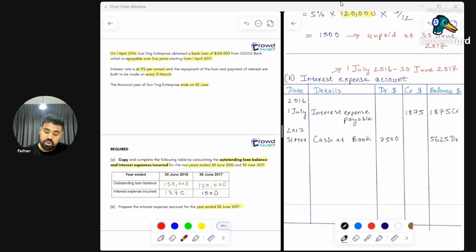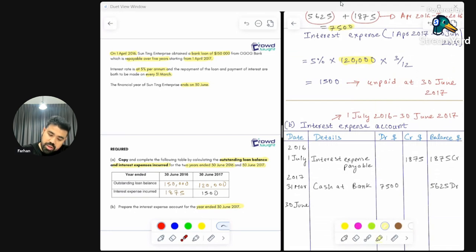I've just checked. So therefore, it's correct so far. All right. Now, after 2017, 31 March, what do we have? So we have the end of the financial period on 30 June. All right. So on 30 June, we know we have got interest expense unpaid for the 3 months of April, May, and June, which was $1,500.